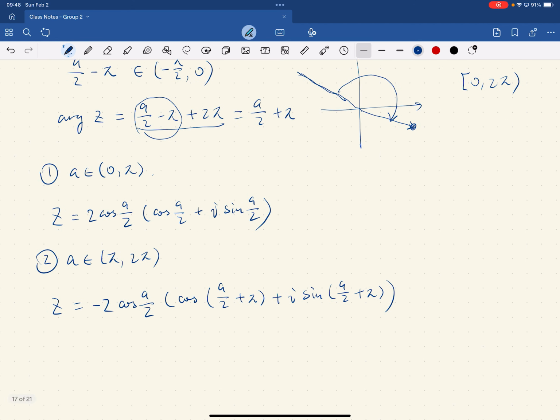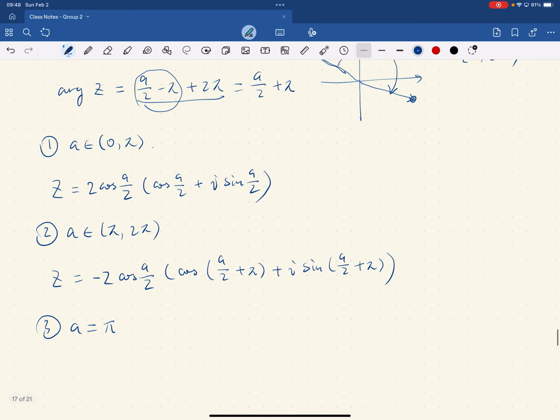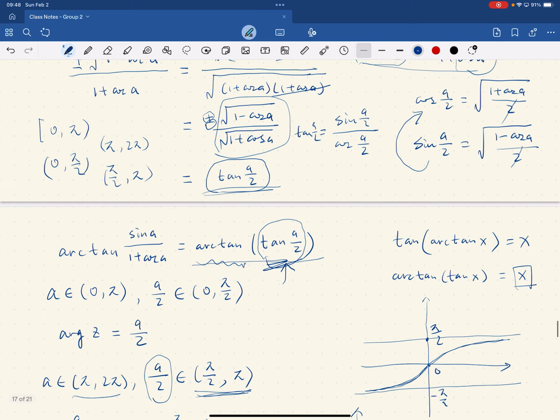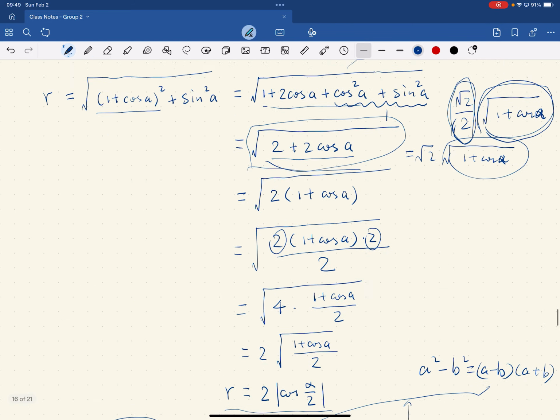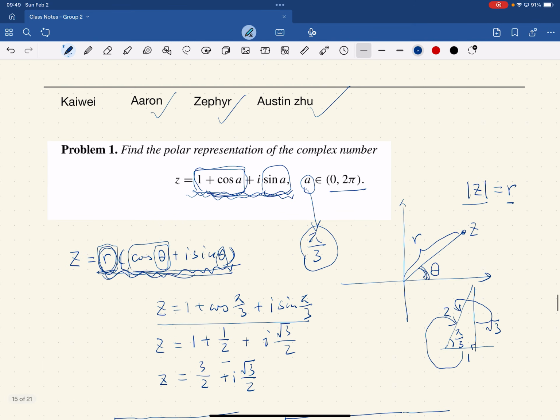Most of this is done, but one thing is missing. What is missing here? A equals pi. A equals pi is not covered in either case. When a equals pi, it's actually easy, because we can use the original expression. When a equals pi, we have cosine pi, which is -1.